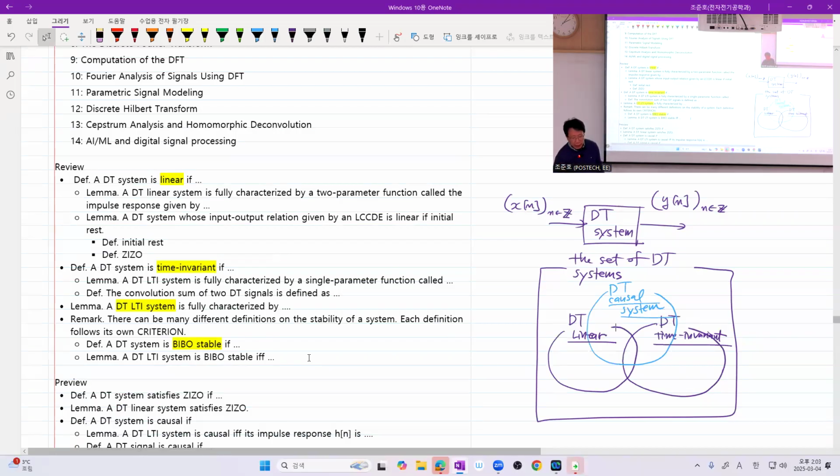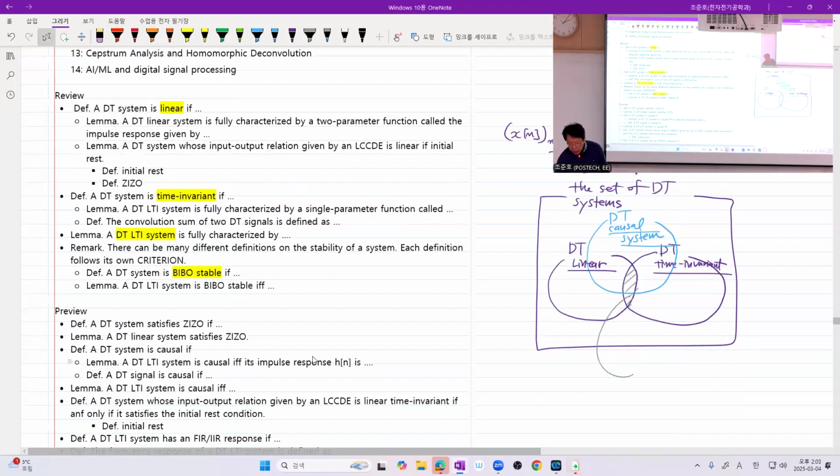After we define these subclasses, we focused on the intersection of these two subsets. So our interest in this course and in many courses in electrical engineering is discrete time or continuous time, linear time invariant systems.